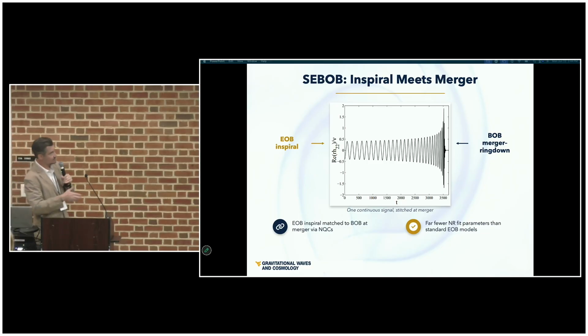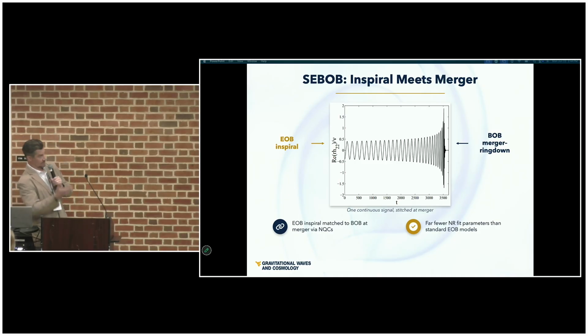SEBOB is just taking the EOB inspiral and replacing the merger ringdown, which in the EOB approach is a lot of calibrating coefficients. There's not much physics in it. No offense to the EOB folks, there's not much physics in the merger part. It's just tuning.